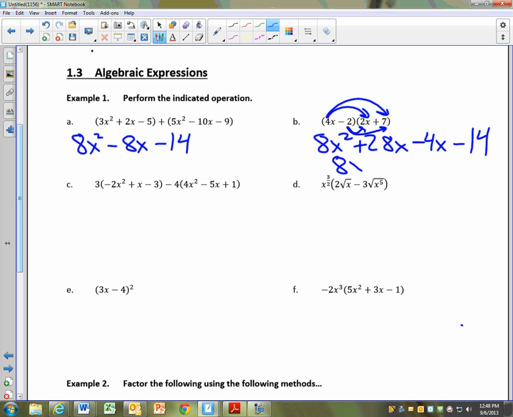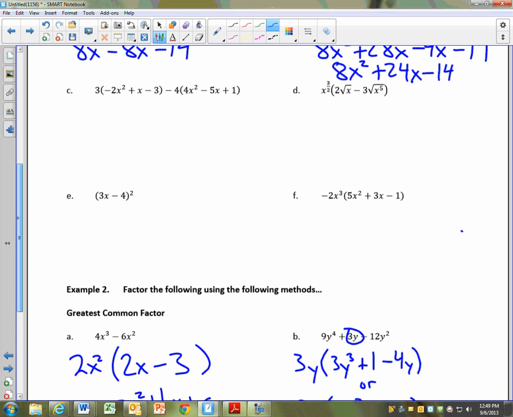Very good. 8x squared plus 24x minus 14. We know how to do those problems, right? I'm not going to give you 50 of them to do tonight because you do 2 of them and you're good.